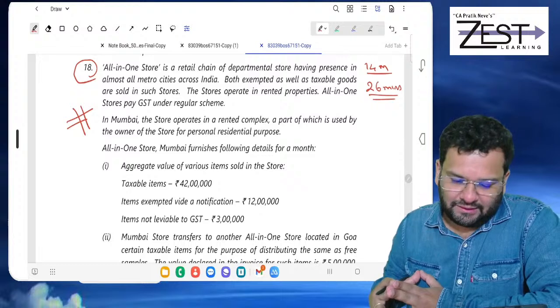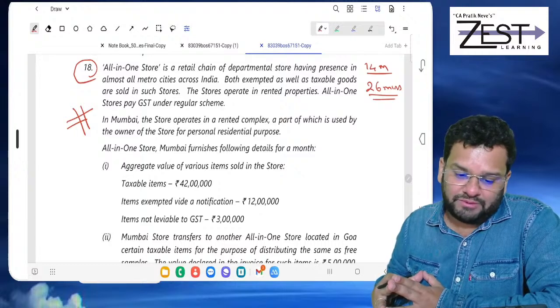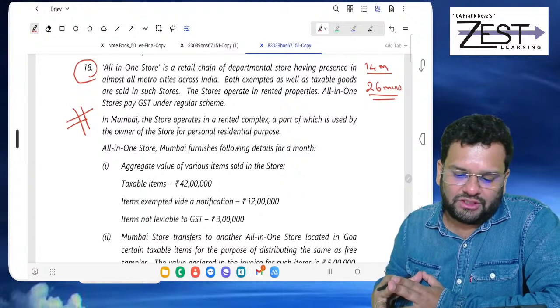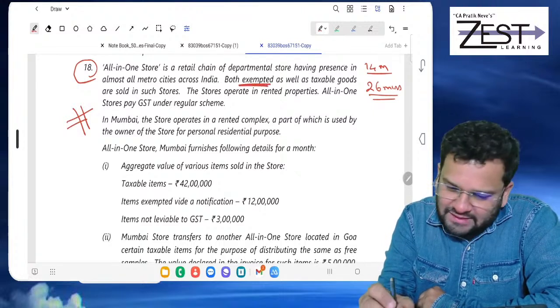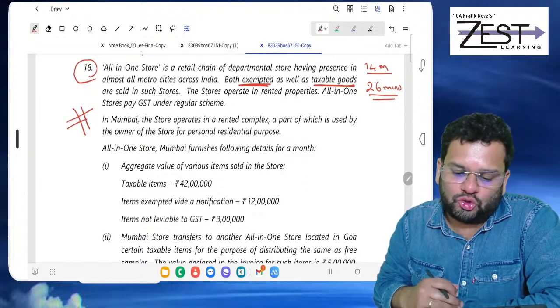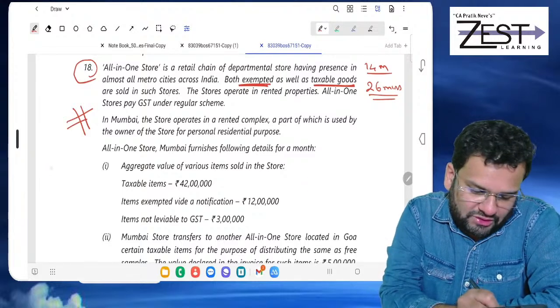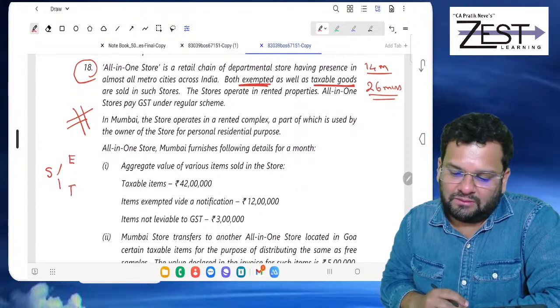Keep on neglecting it. Both exempted as well as taxable goods are sold in such stores. Okay, so the supplier is selling both exempted as well as taxable goods.